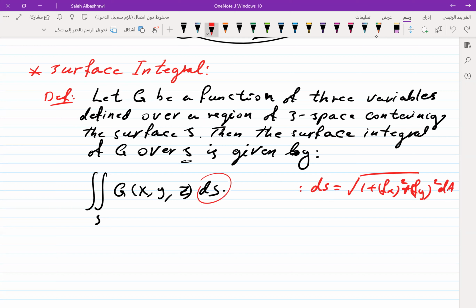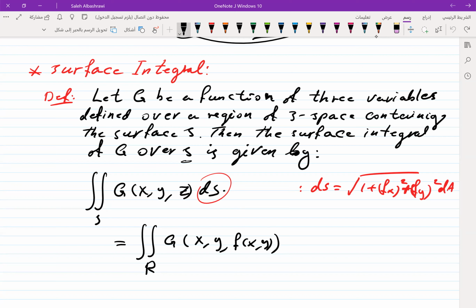So this integration can be written as the integration of the function g of x, y, z, where z is a function of x, y.